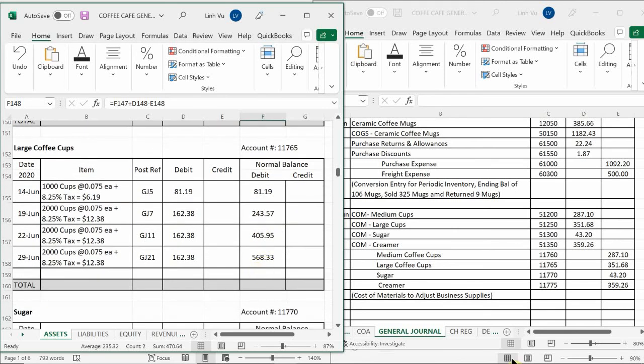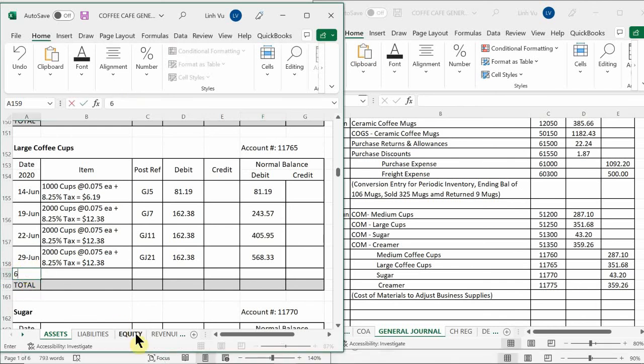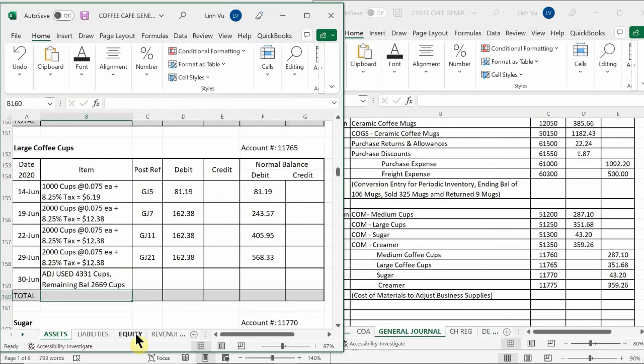If I purchased 1,000 plus 2,000 plus 2,000 plus 2,000, that's a total of 7,000 cups I purchased. The adjustment here is that I used 4,331 cups. So that should give me a remaining total of 2,669.